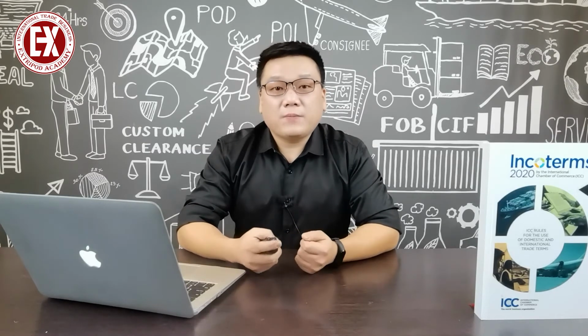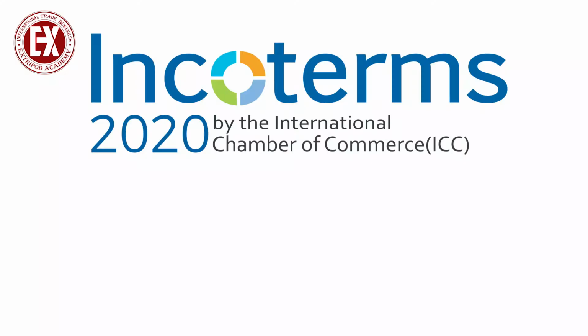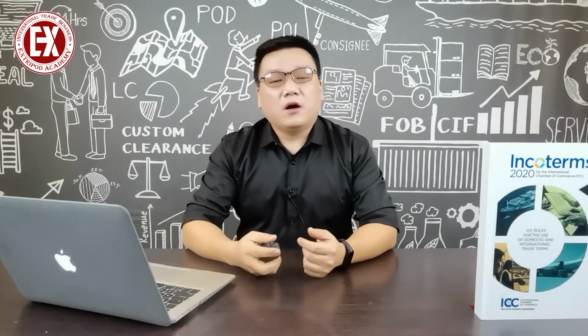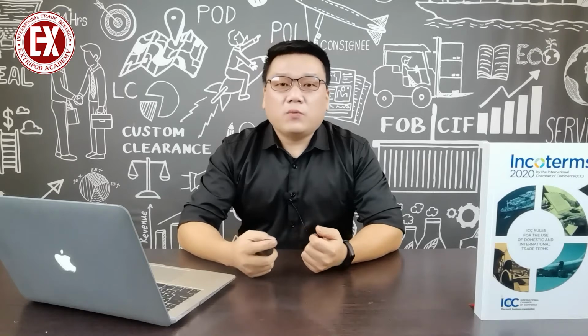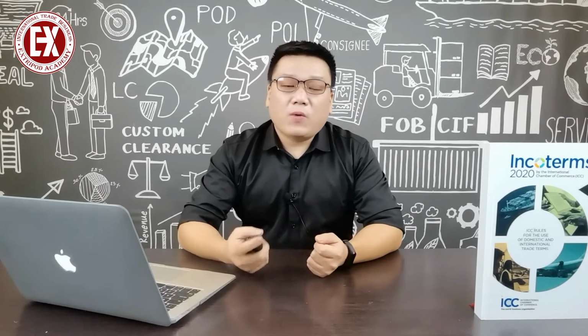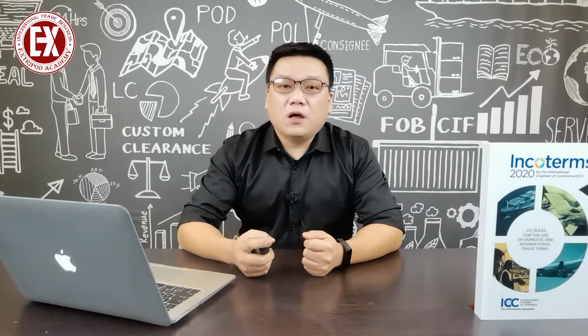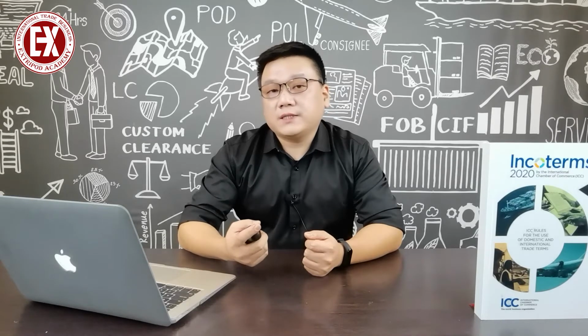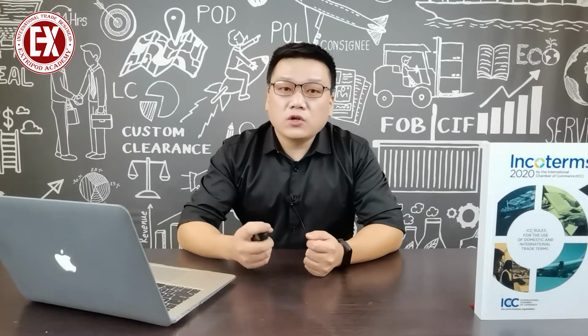So let's check the obligations. What are the obligations of the seller? 1. The seller is obliged to conclude a contract for carriage to the designated port of shipment at his own expense. 2.